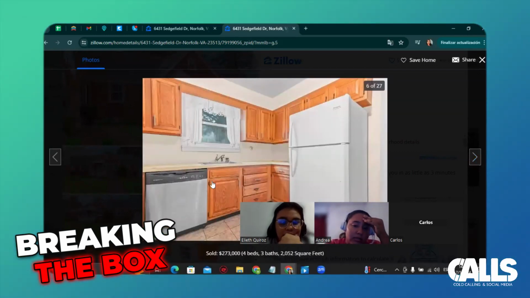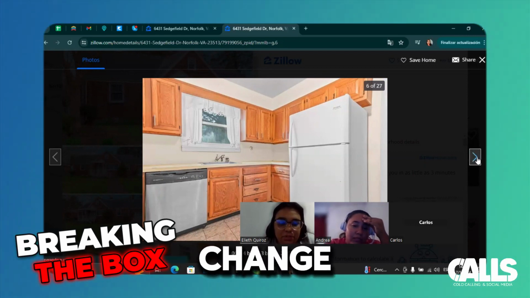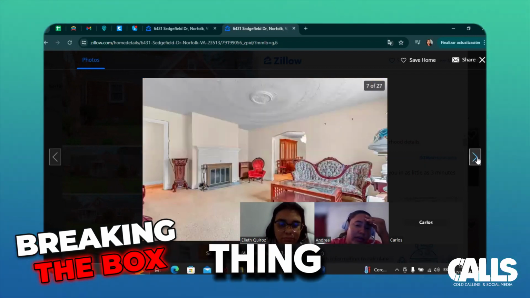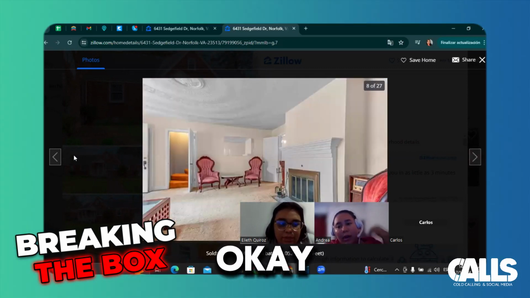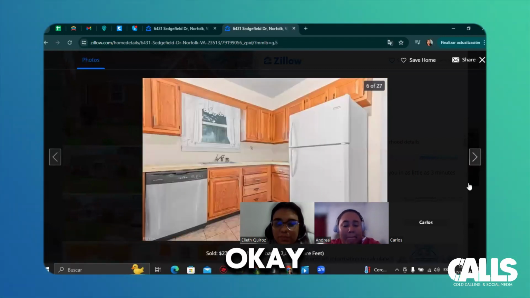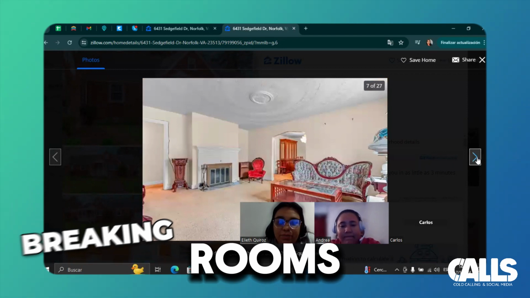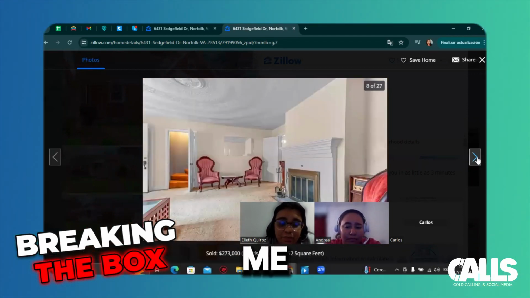Okay, so the cabinets are original or was there a change? Actually, that's the only thing I left in the kitchen because I thought it looks good too. Okay, so brown color cabinets, right? Yes. Okay, what about the rooms, anything specific, any highlights you can tell me?